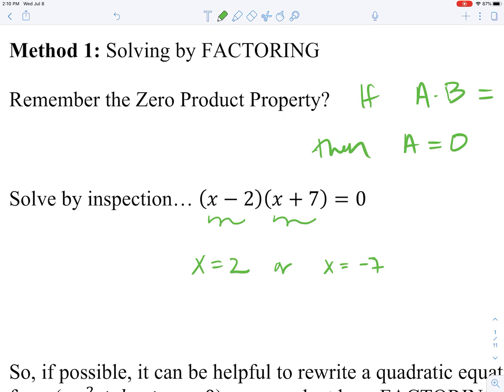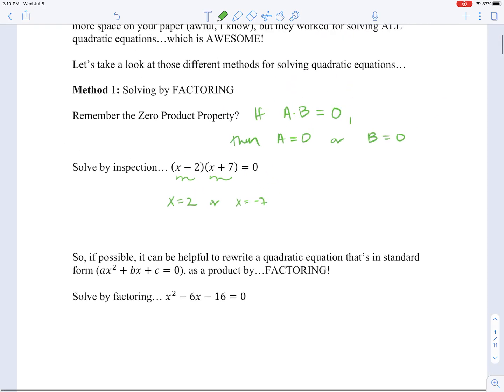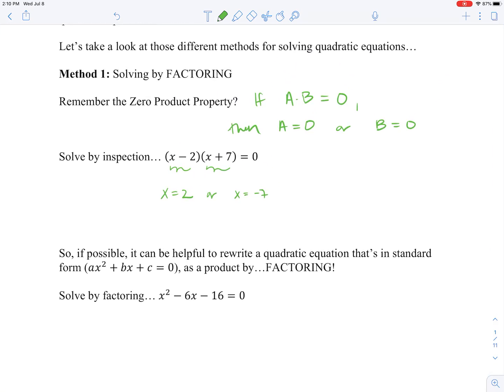Whenever I talk about solving by inspection, which you'll hear me reference often, it's just if I'm looking at the equation, what values would make this a true statement? I didn't need to use any algebra.